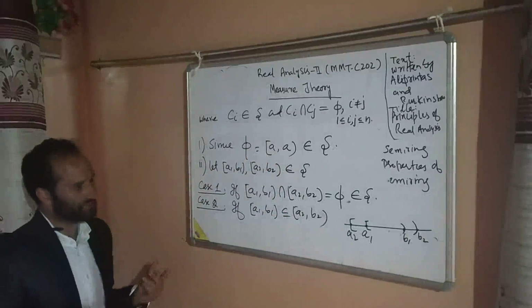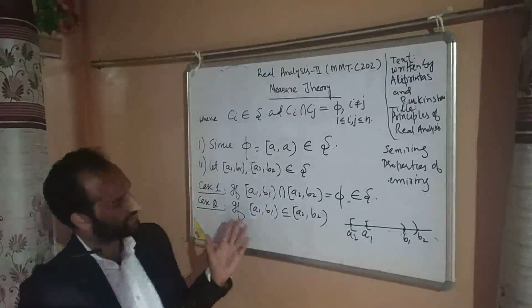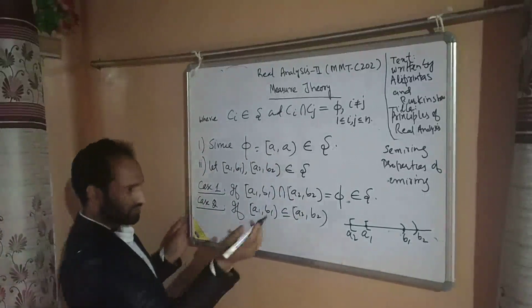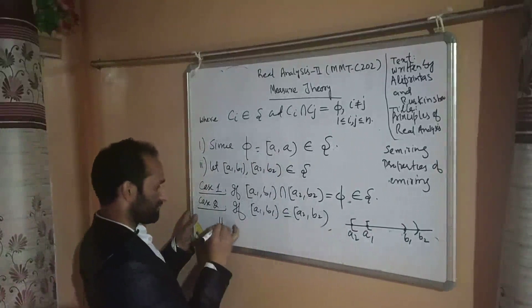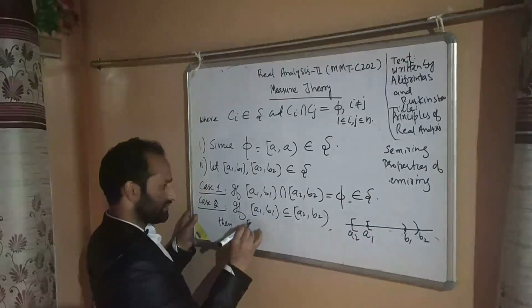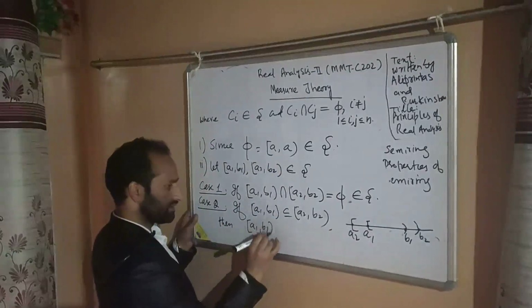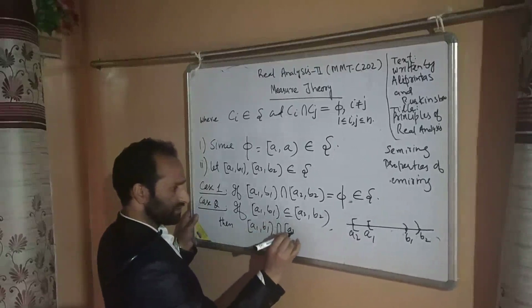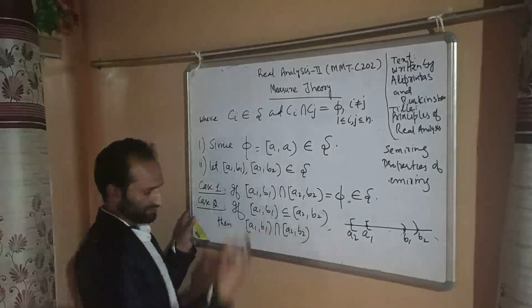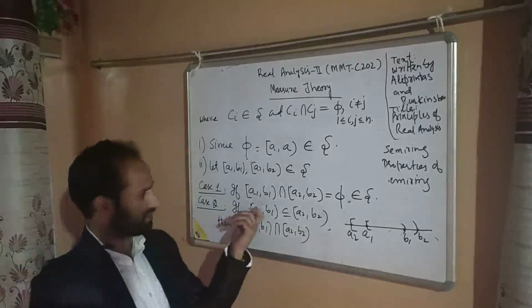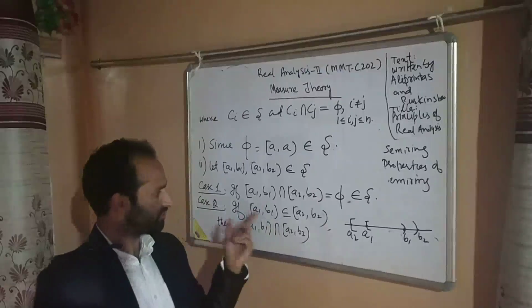We show that the intersection is again a member of S. Now you can easily check that this intersection, A1, B1 intersection A2, B2, or you can directly see this, it's a subset of that set, therefore the intersection must be equal to this one.